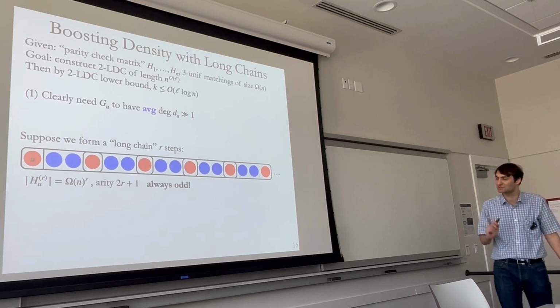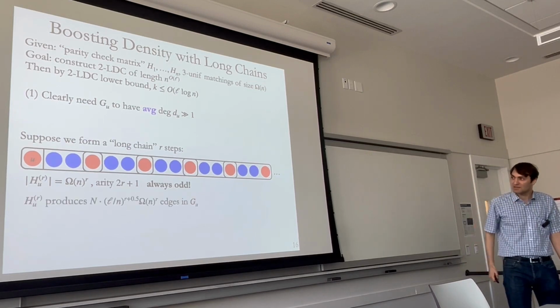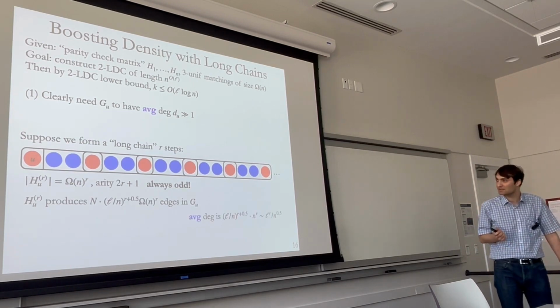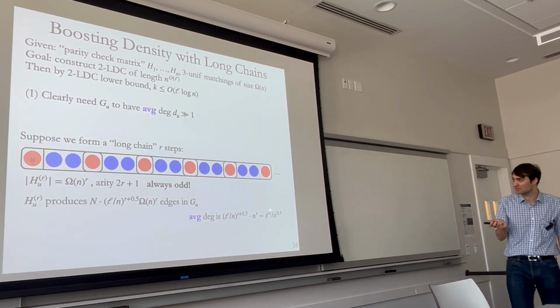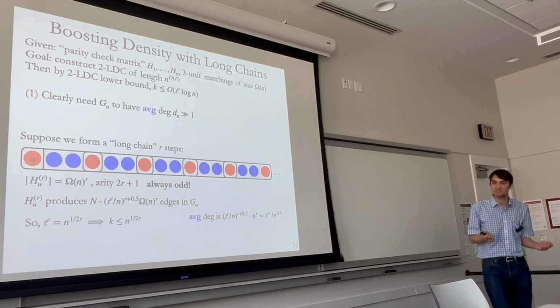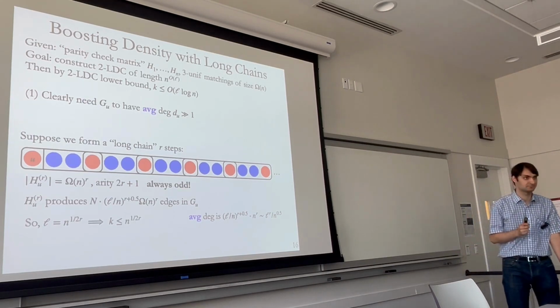We just have to deal with it, and we're going to have to work hard to make this work. But in any case, I can go through this edge density calculation. And the average degree is going to be something like L to the r over square root n. And this now says that I can potentially take L to be as small as n to the 1 over 2r.